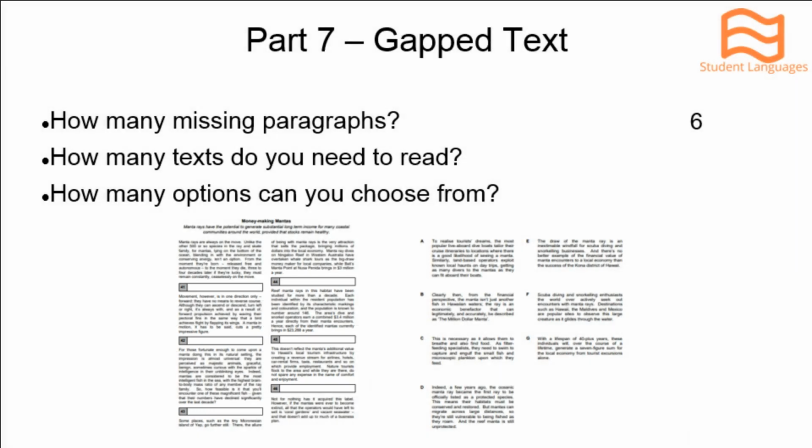How many texts do you need to read? Just one text with 6 gaps in it. And how many options can you choose from to fill in the gaps? There are 7 options in total. So you can see here there are 7 paragraphs, but there are only 6 gaps in the text. So one of these paragraphs you do not need to use.